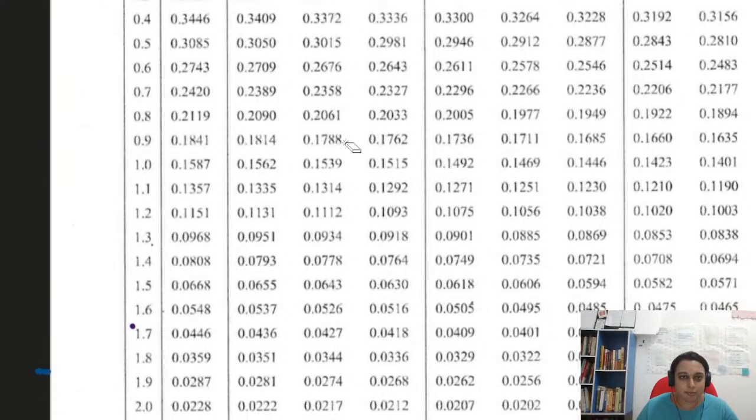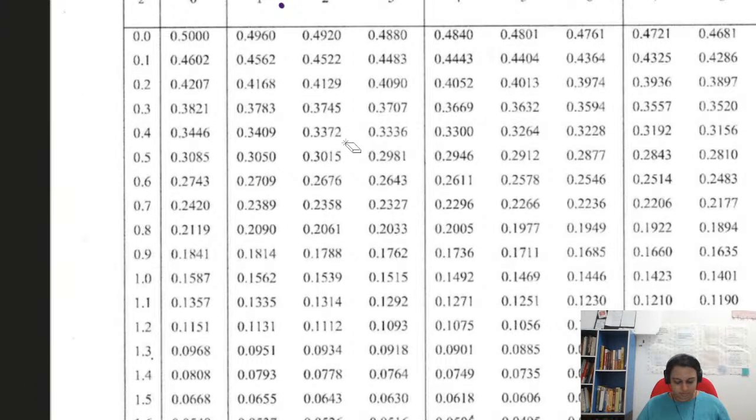Okay, let's see. 0.4, what was it? 4617. 0.4464602 cannot. 4617. Okay, I can go for this.